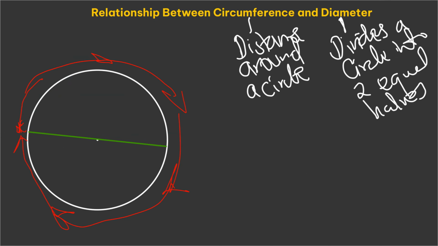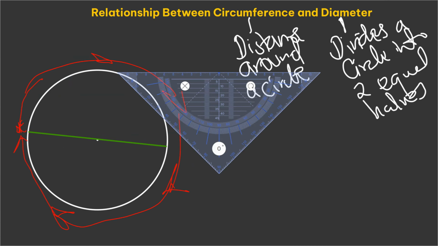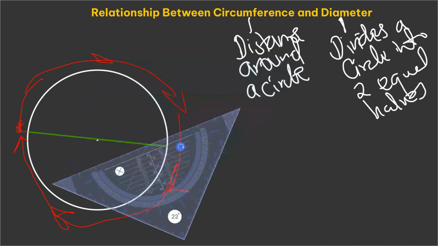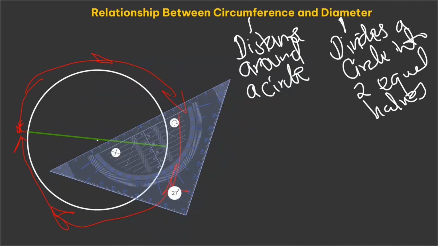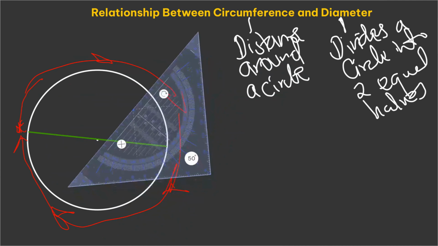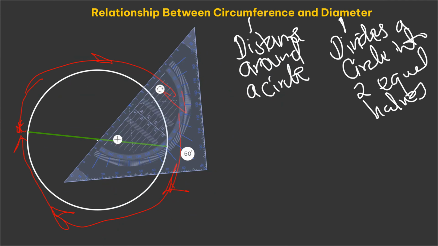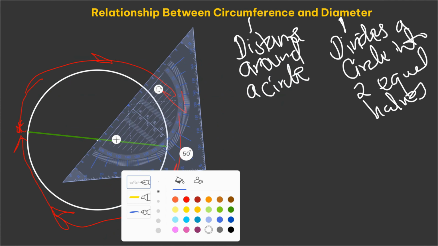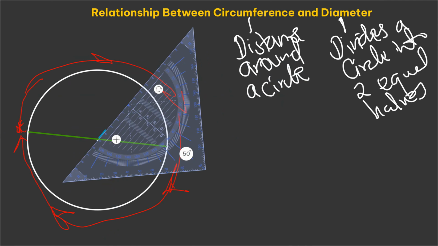Now, let's illustrate the radius. Radius is just from the center to any point of the circumference. Any point, you can choose any point. Now that's my any point. So it's here.